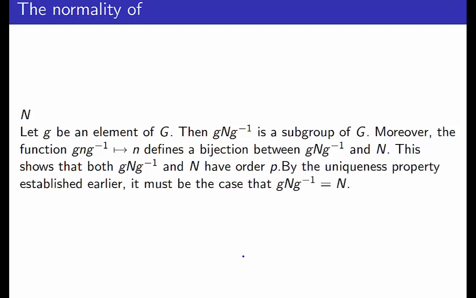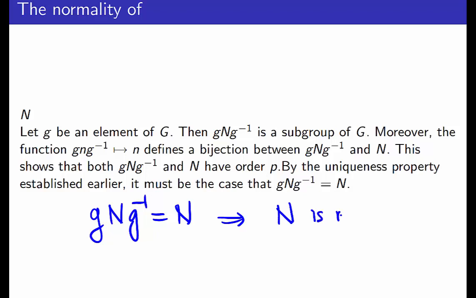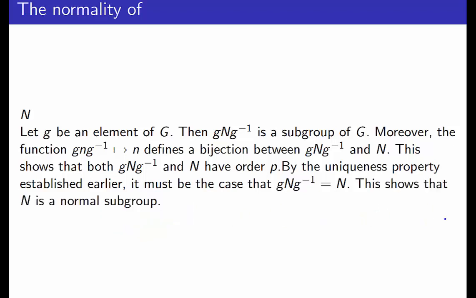So any conjugate of N must be equal to N, but that's precisely what it means for N to be normal in G. So any subgroup of order p is unique and is also normal.